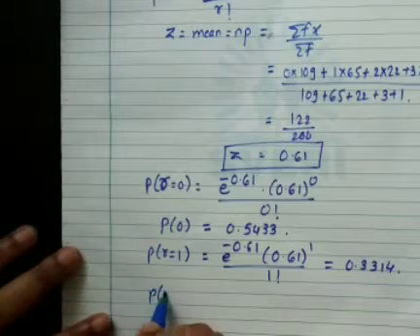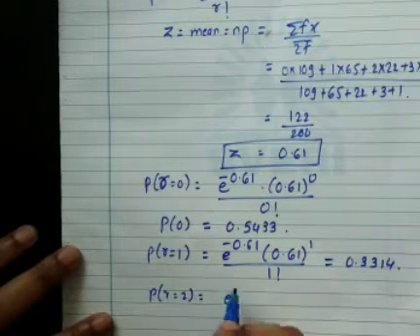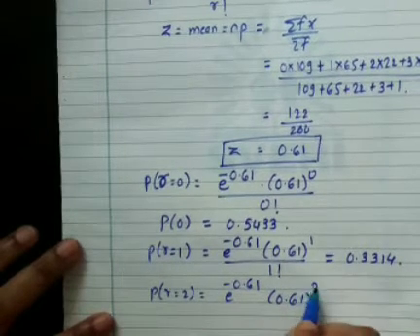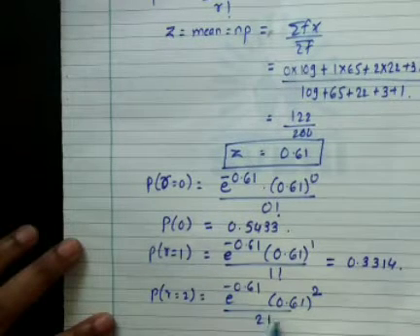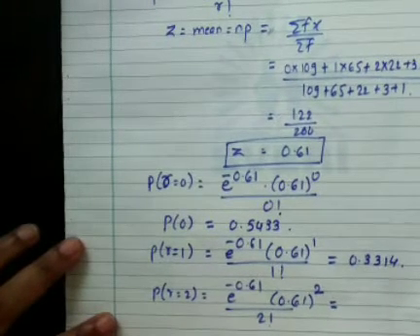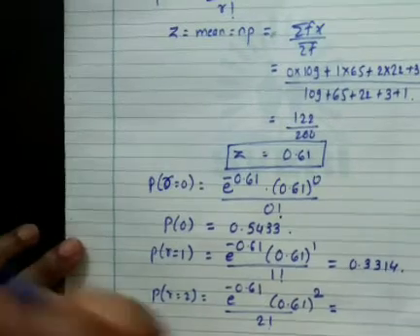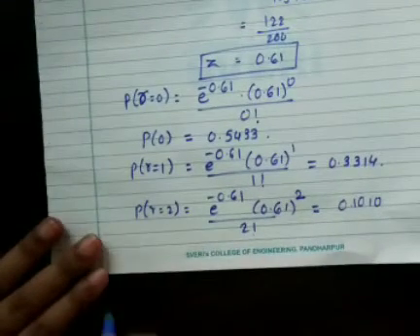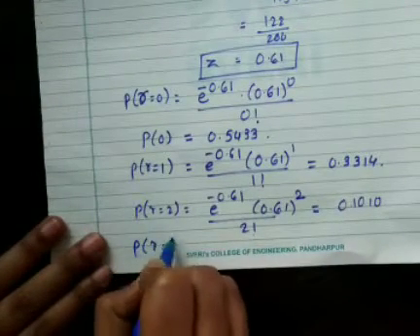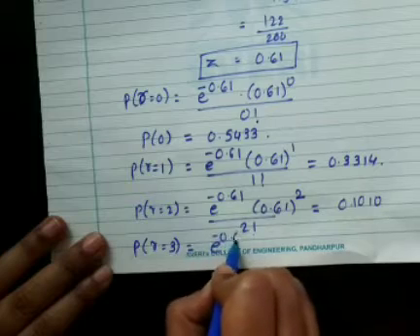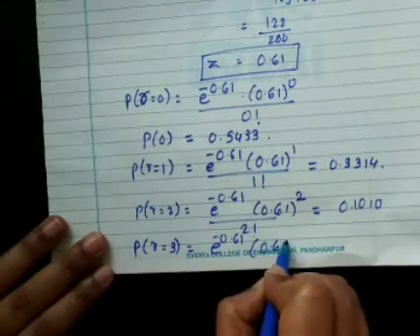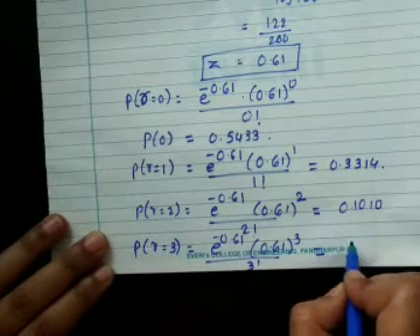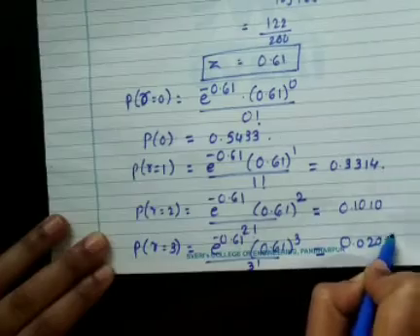Next, probability of r equal to 2 is e raised to minus z, z raised to 2 upon 2 factorial, and it is equal to 0.1010. Next, probability of r equal to 3 is e raised to minus z, z raised to r upon r factorial, that is equal to 0.0205.